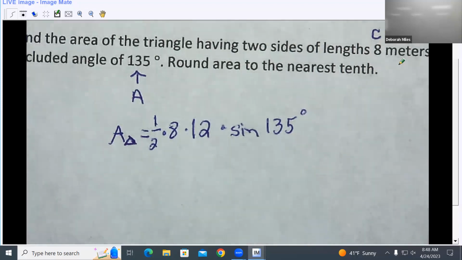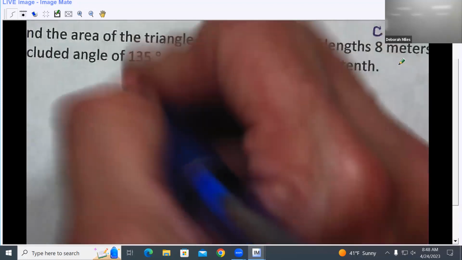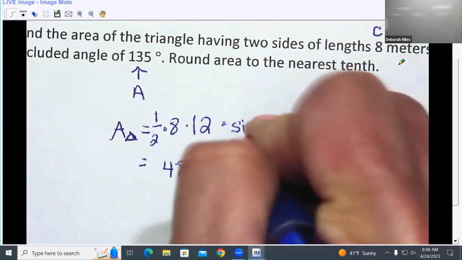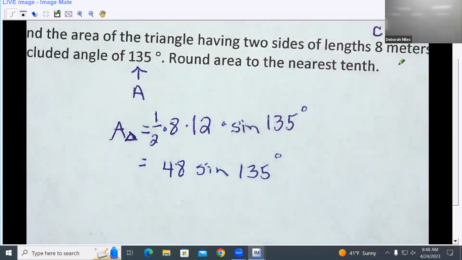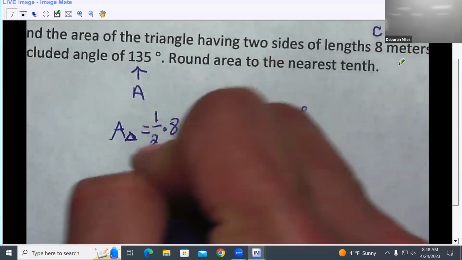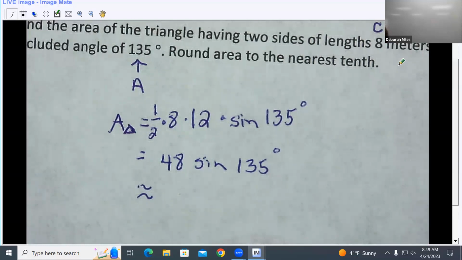And you can just do that left to right. Half times 8 is 4, 4 times 12 is 48. So it's 48 sine of 135 degrees. If I ask you for an exact answer, or if I ask you to round it to the nearest tenth, then that would be 33.9.